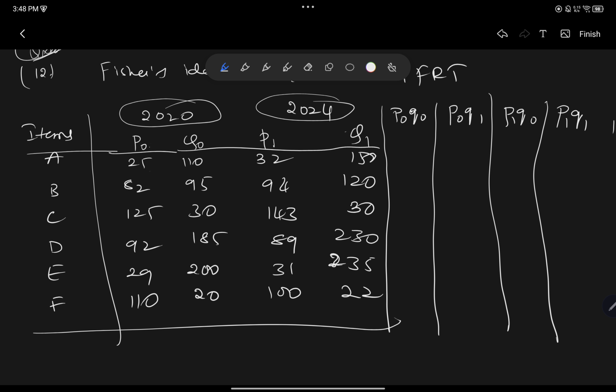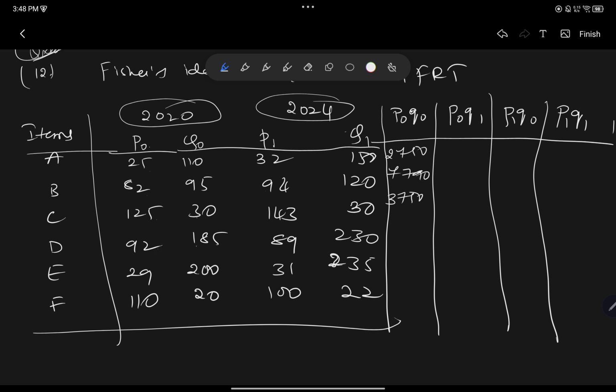25 into 110 is 2750. Next 82 into 95 is 7790. Next 125 into 30 is 3750.